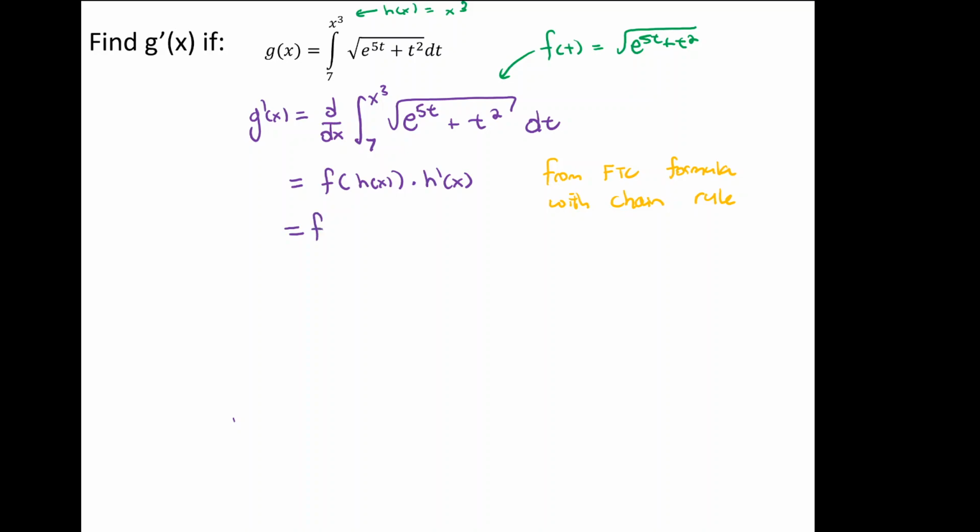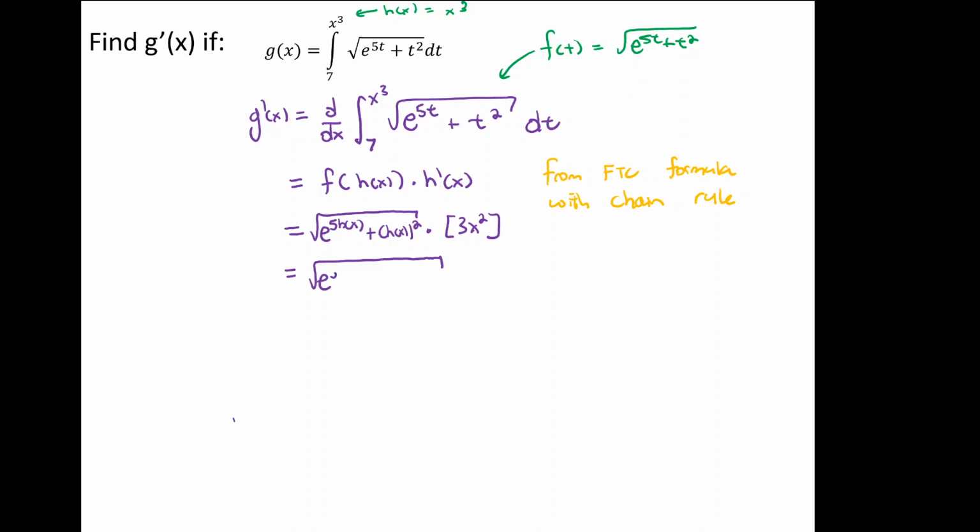So we have f of h of x, the square root of, not e to the 5x, but e to the 5 times h of x plus h of x all squared, multiplied by the derivative of x cubed, which is 3x squared. Okay, now I'm going to plug in what h of x is.